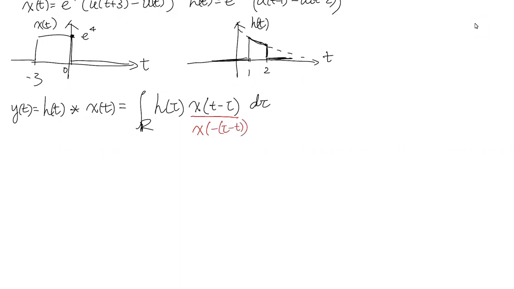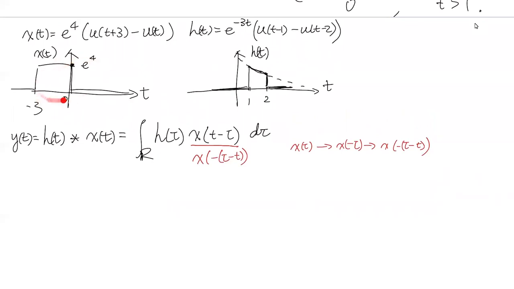You can consider obtaining it by first having the x of tau function, then getting the flipped version x of negative tau, and the third step is that you move to the right by t steps. This is the chain of operations that gives you a graphical illustration of x of t minus tau. So let's do it.